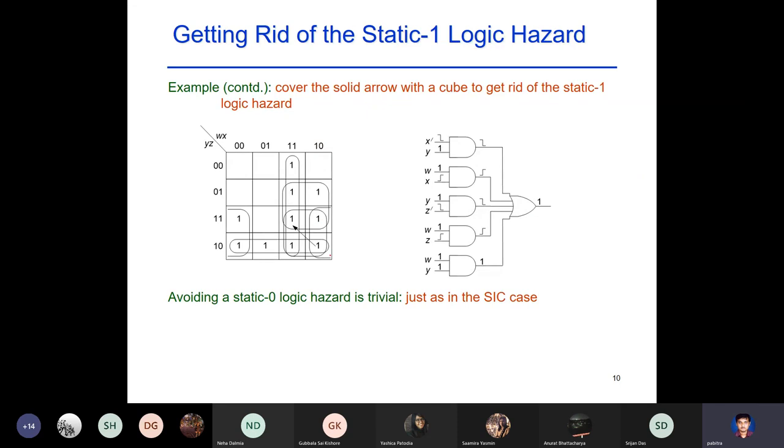What you have to do is cover this transition cube with an additional gate to get rid of the static hazard. That's the standard way we studied in the case of static one hazards. You introduce an additional product term, an additional AND gate, to cover these two, which is redundant, which was not required otherwise. Just as in the single input change case, this is the additional gate you have.